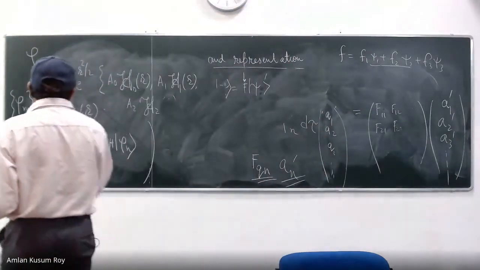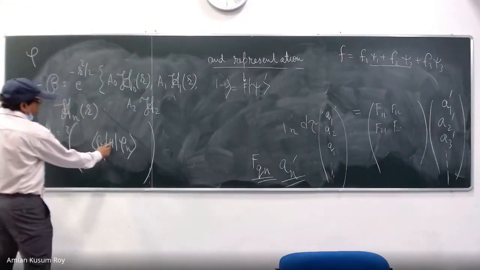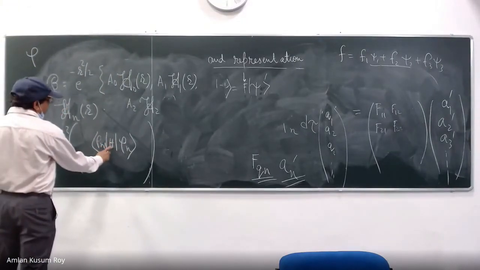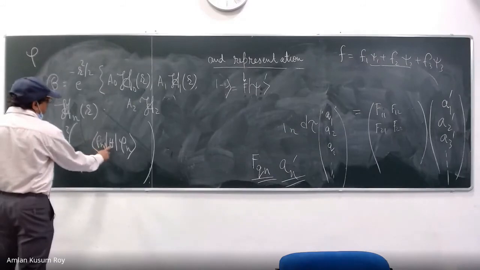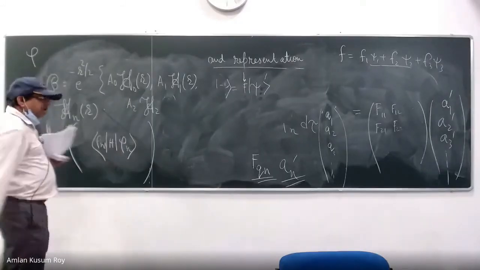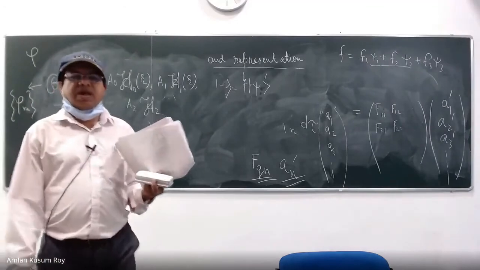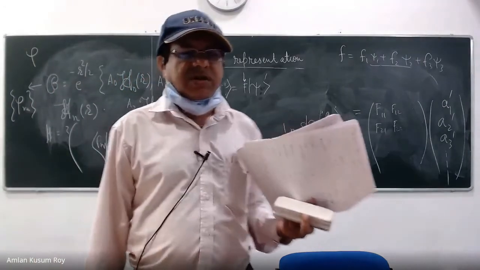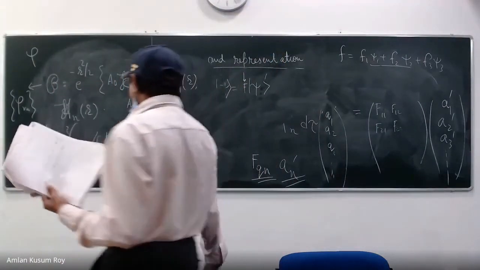So psi m H psi n, right? This is my harmonic oscillator Hamiltonian. What will H psi n be? What is going to happen? H psi 1 in the harmonic oscillator problem will be what?